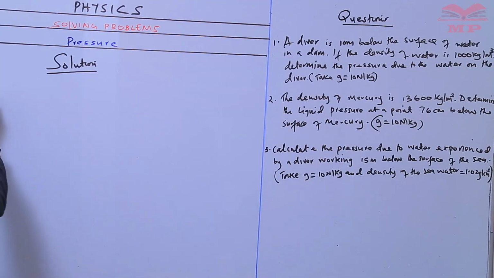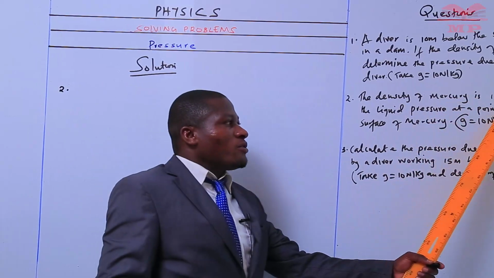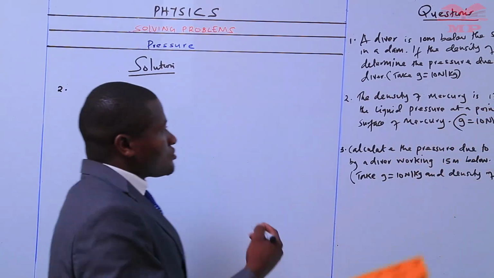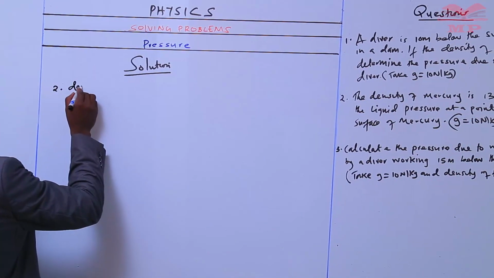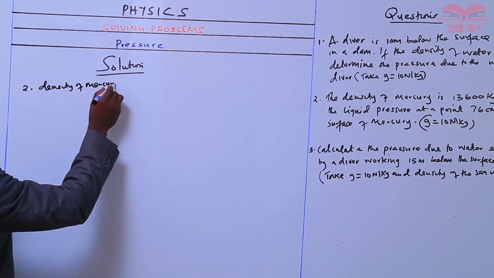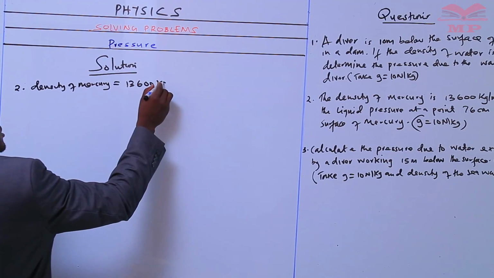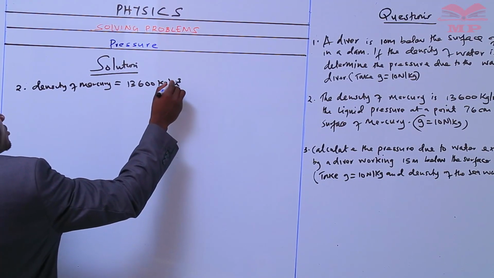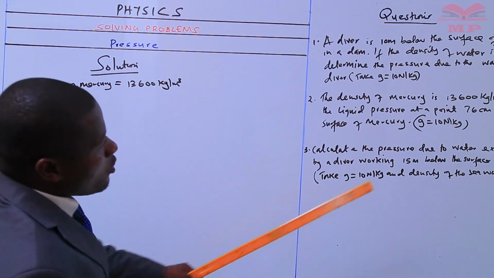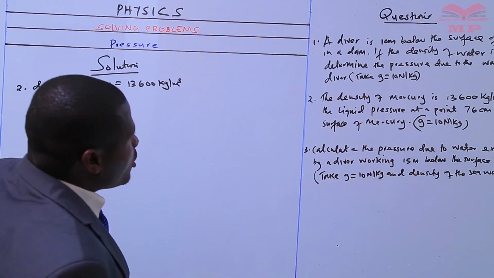So for question 2, what we have been given is the density of mercury, 13,600 kilograms per meter cubed.